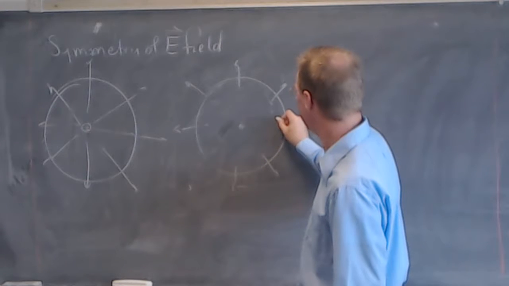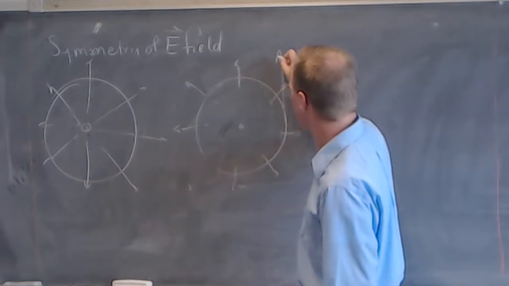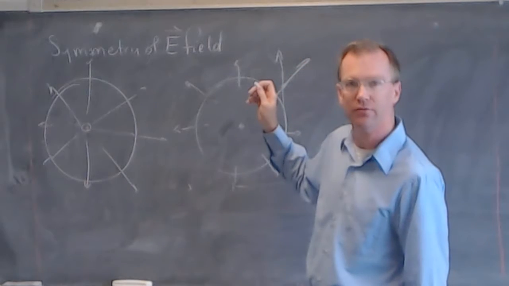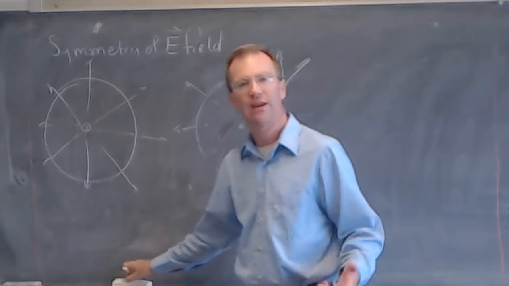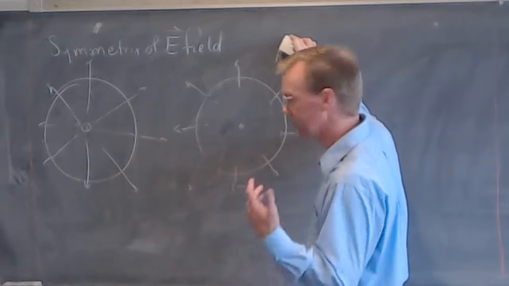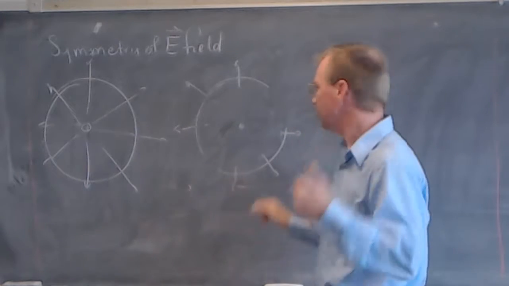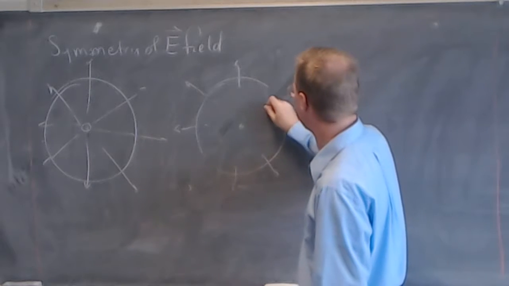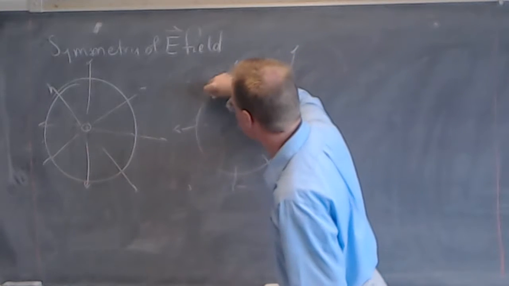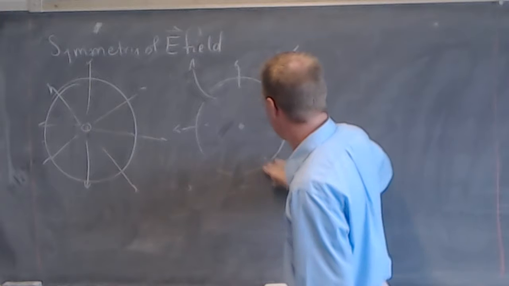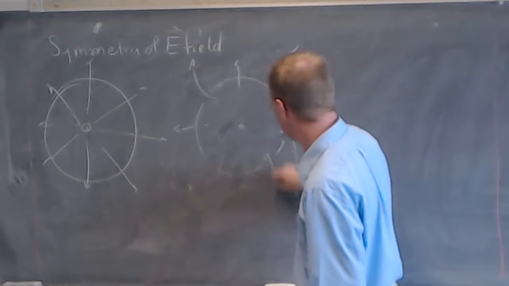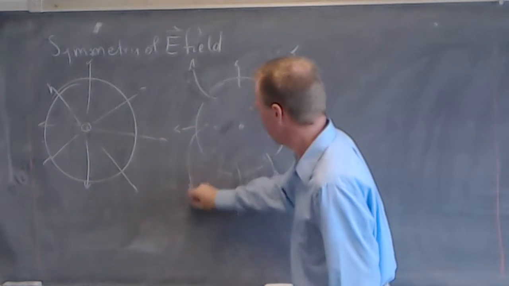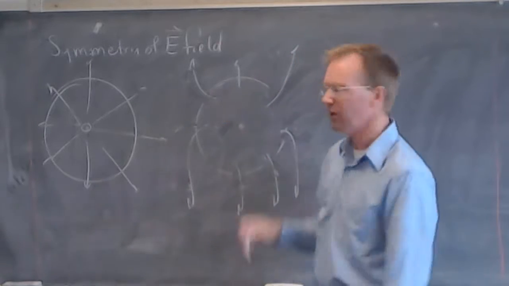So I couldn't have one field line here cross another one like that. The electric field can't go in two different directions at once at a single point. So they can't cross, so that prevents that. Well, what if I had the electric field up here bend upwards, and the electric field down here bend downwards, and really have not much in the middle?